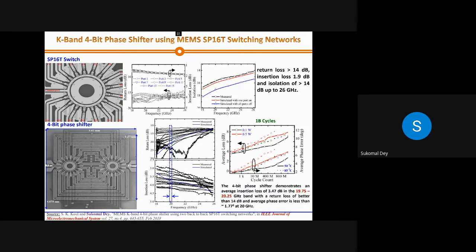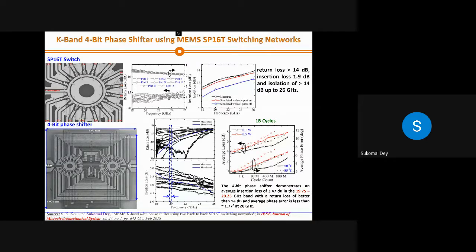So now we developed one SP16T configuration. So you can see the image, that is a single pole 16 throw, where there is a coplanar waveguide line. This coplanar waveguide line is routed throughout, and you can see some cantilever type switches.